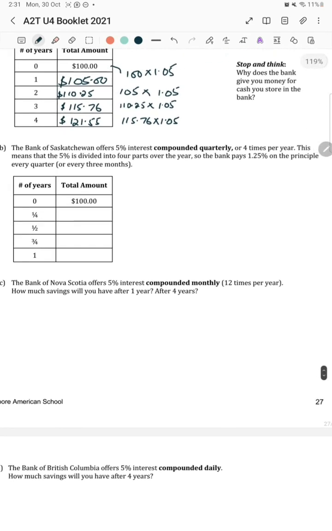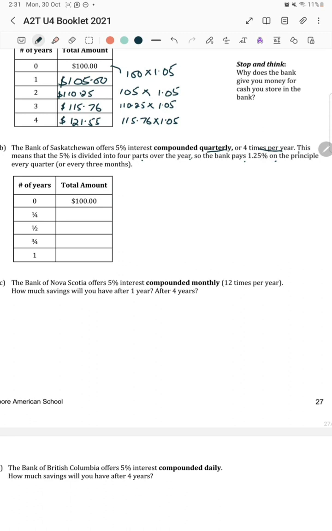Okay, the next question is the Bank of Saskatchewan offers 5% interest compounded quarterly, or 4 times per year. This means that the 5% is divided into 4 parts over the year. So the bank pays 1.25% on the principal every quarter.